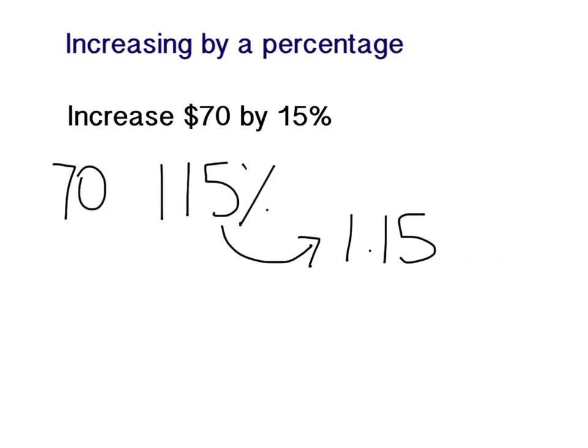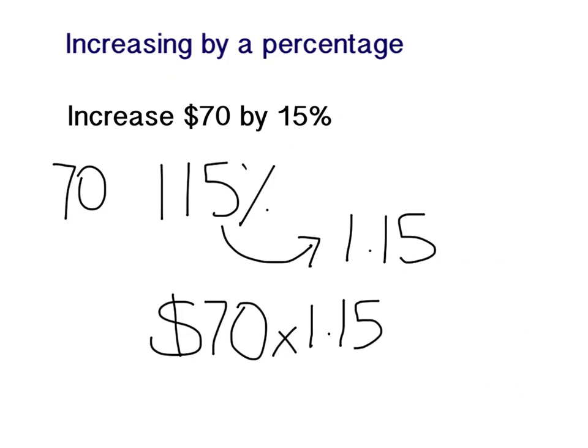So to work out how to increase $70 by 15%, I simply go $70 multiplied by 1.15, which is $80.50.